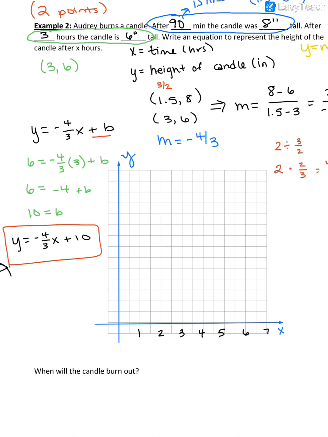Now the candle, I can see that it was at some point 8 inches tall, at some point it was 6 inches tall. If you recognize your y-intercept here is going to be at 10, I want to make sure that my scale goes up at least to 10. So I'm going to go up by ones here. So I'm not going to label 1, I'll label 2, I'll label 4.